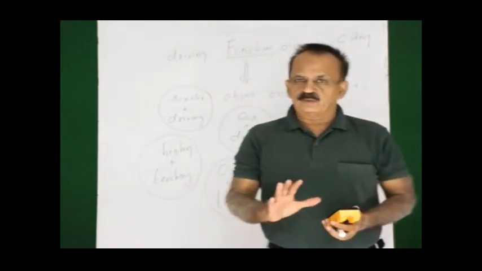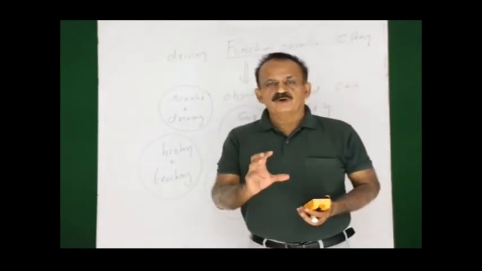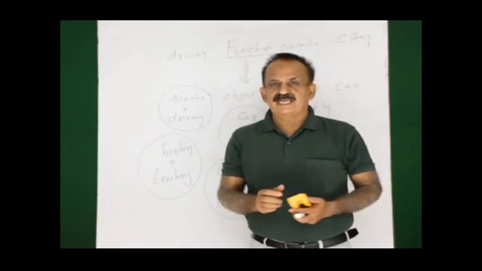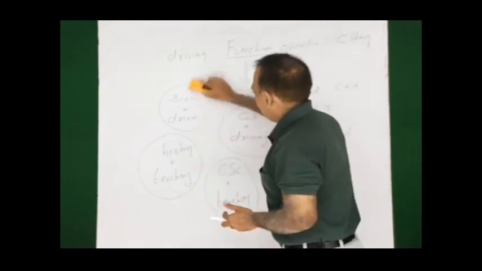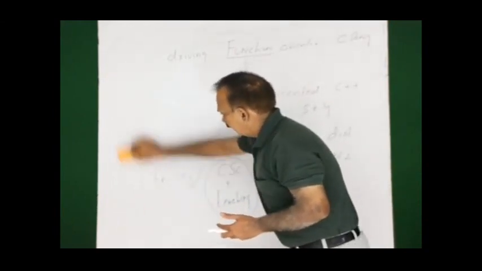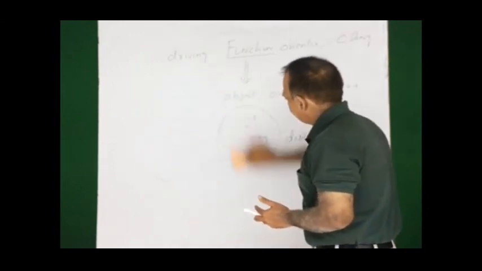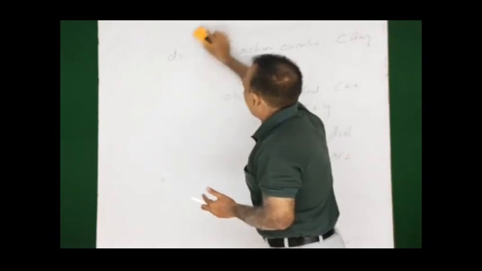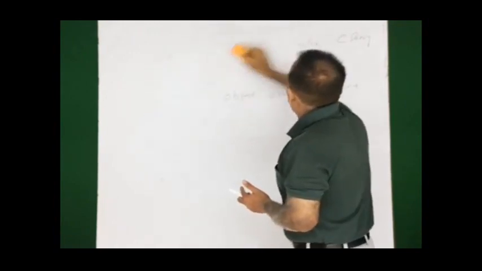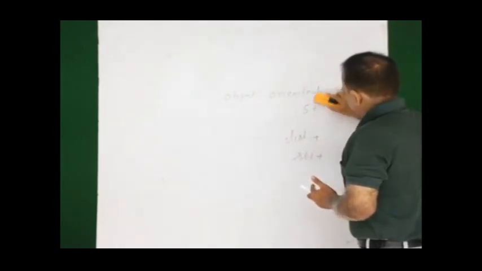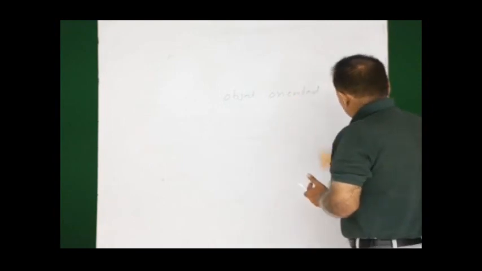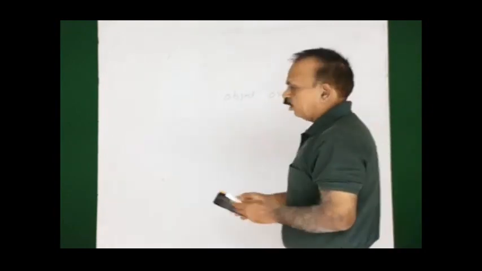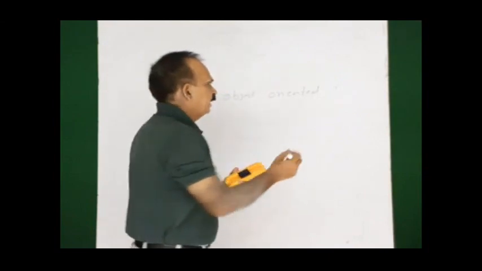With this discussion, it is very clear that the most important thing in C++ language is object, and the object is a combination of the data items and the operations performed on those data items.